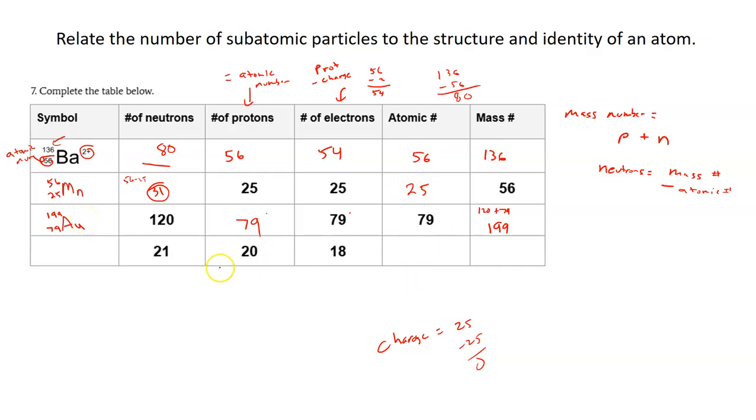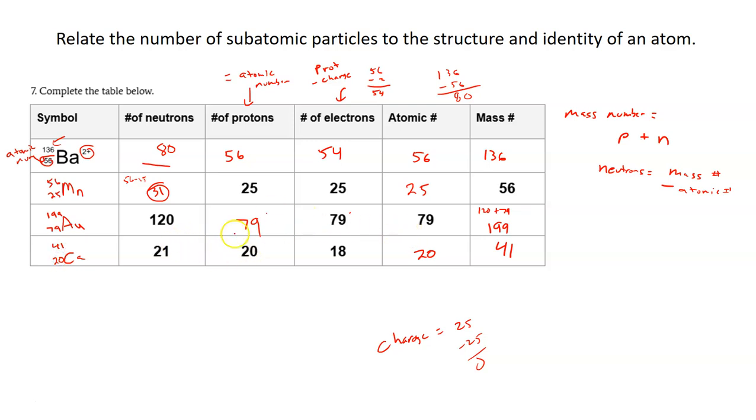All right, last one. Number of protons is 20. That makes this calcium, by the way. That makes atomic number 20. So real quick there, we have 21 neutrons, 20 protons, so 21 plus 20 makes 41. So we're going to go 41 and 20.